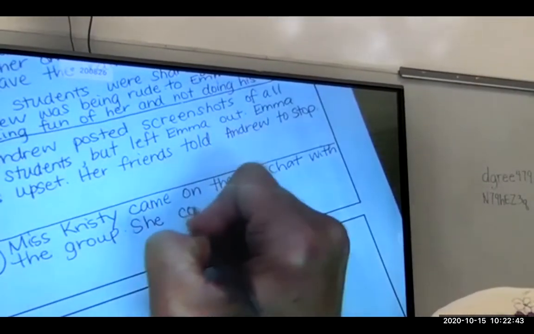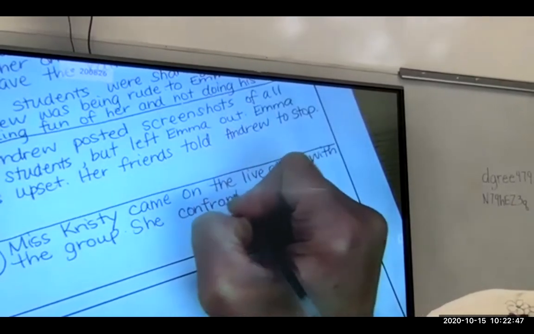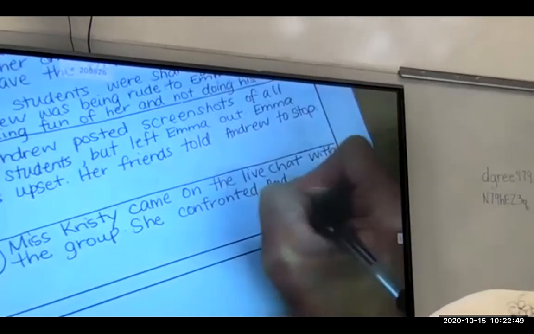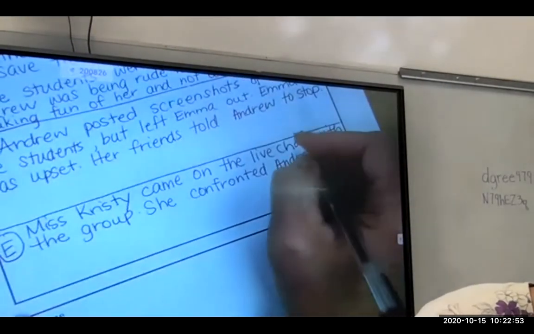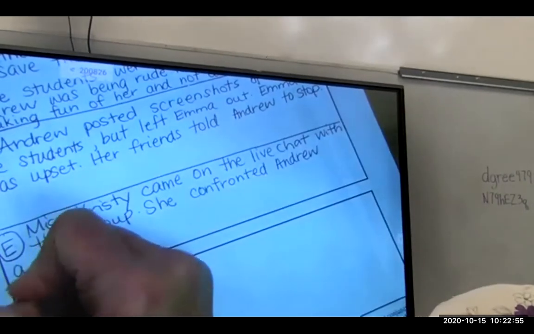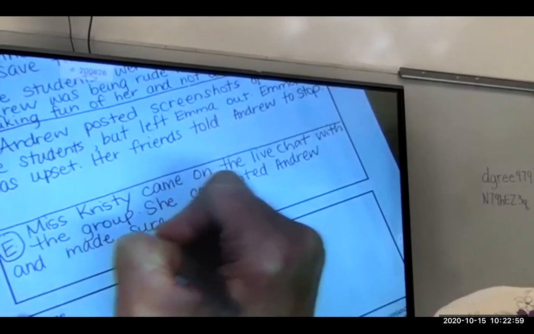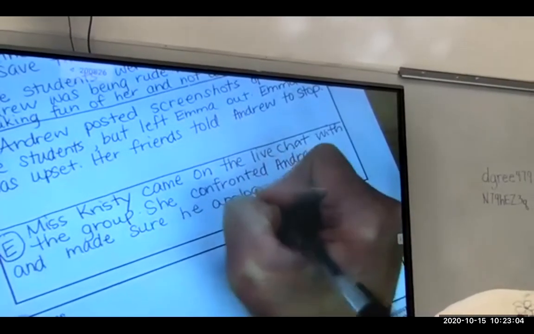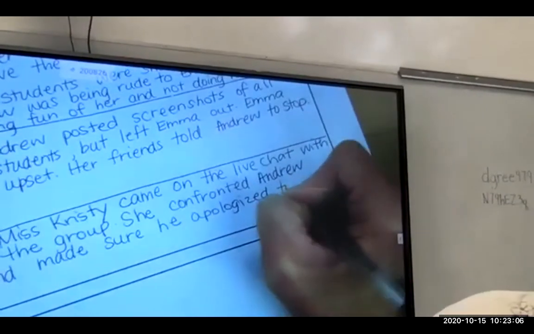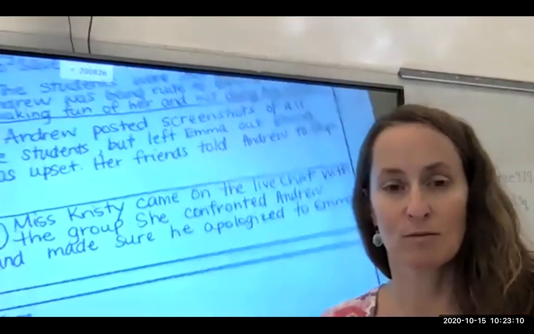That means she asked him what was going on. And she confronted Andrew and made sure. What did he have to do? He apologized to Emma. And hopefully we'll not do that again.